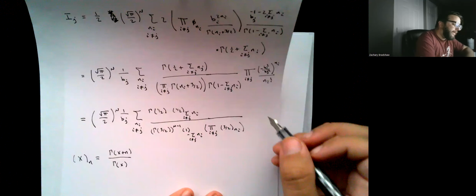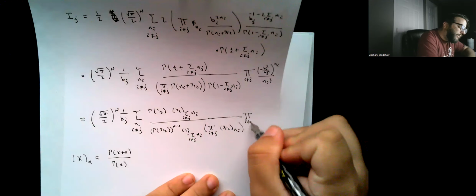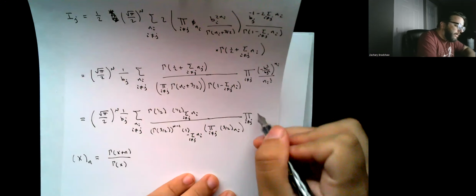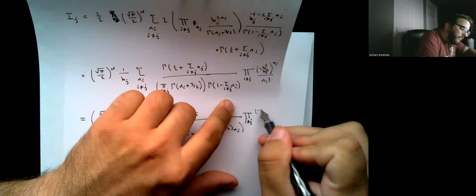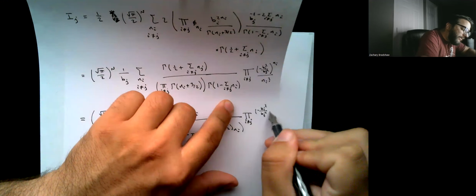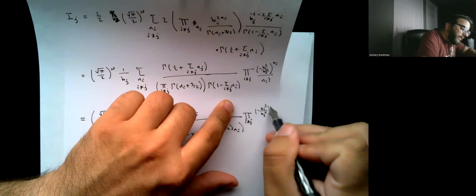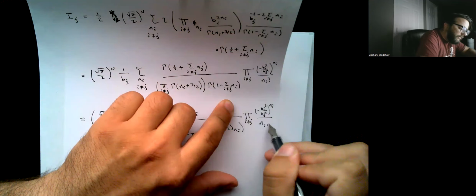Okay, and what do I have left? I have a product over i not equal to j of this thing up here: minus bi squared over bj squared to the ni power over ni factorial.